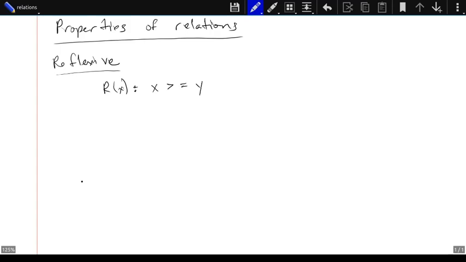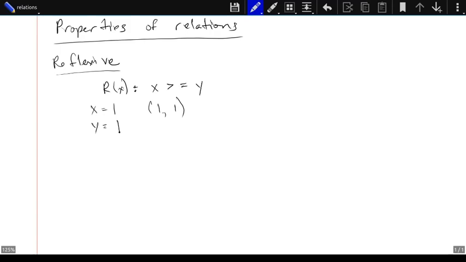If we consider any number for x, let's say that x equals 1, then we do have the pair 1, 1, where y equals 1, because x is greater than or equal to y. So if x equals 1 and y equals 1, this relation holds true because 1 is greater than or equal to 1.